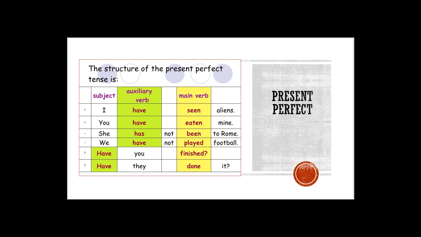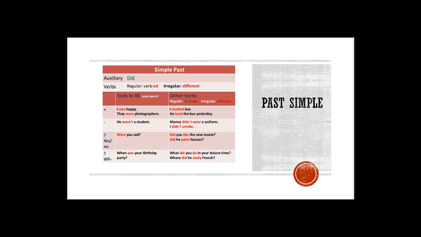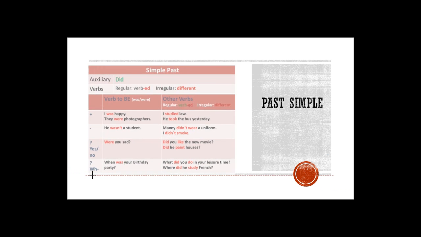All right. And when it comes to past simple, guys, I want you to keep this in mind, that when it comes to regular verbs, most of them we have to write ed at the end of the verb. For example, I studied law.